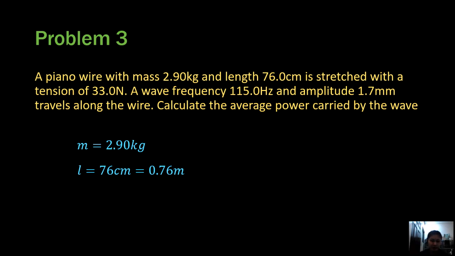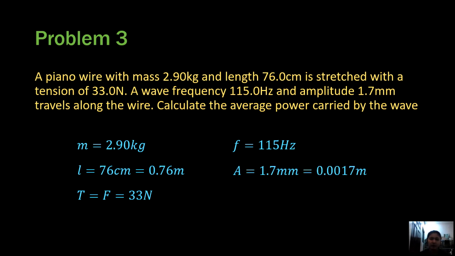And we're also given the tension or the force, which is 33 newtons. And for the wave frequency, we would state in the problem, which is 115 Hz. And for the amplitude, it would be 1.7 millimeters. We have to convert that into meters, so just divide it by 1000 and we would get 0.0017 meters.